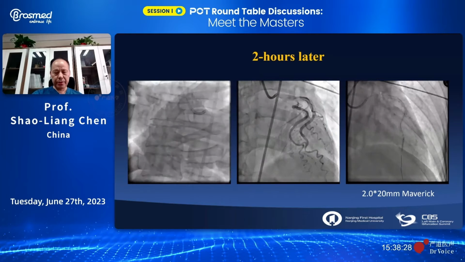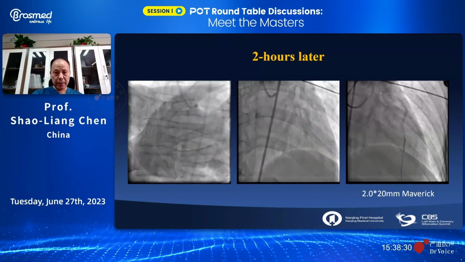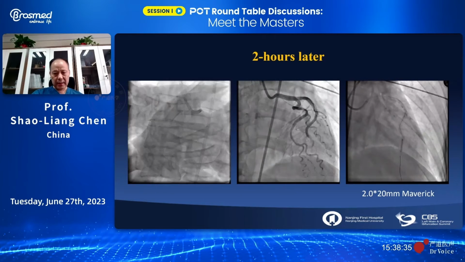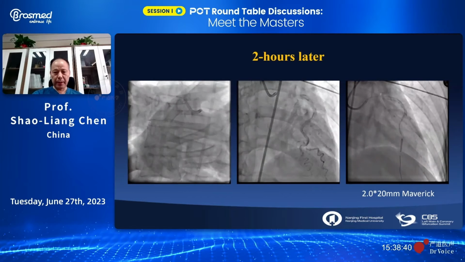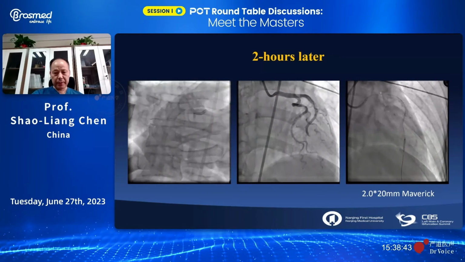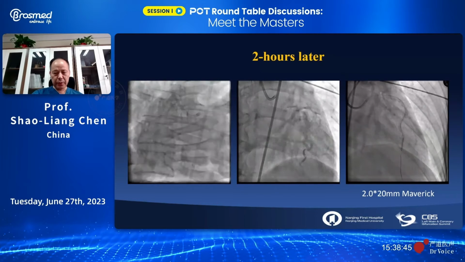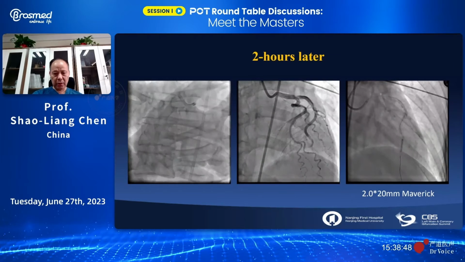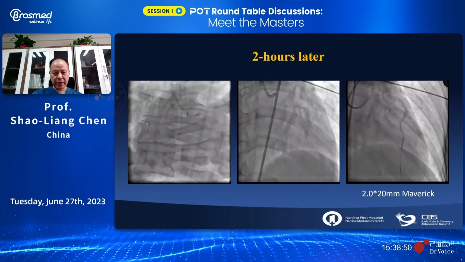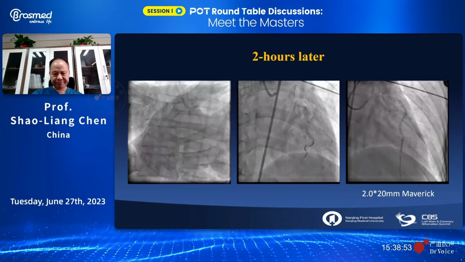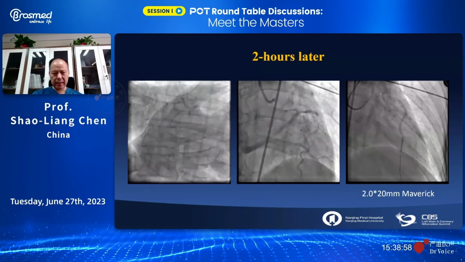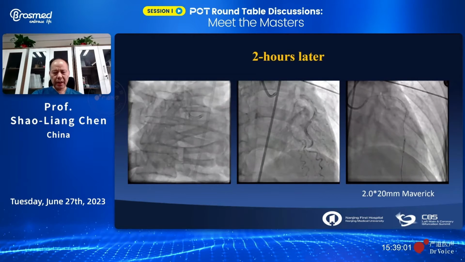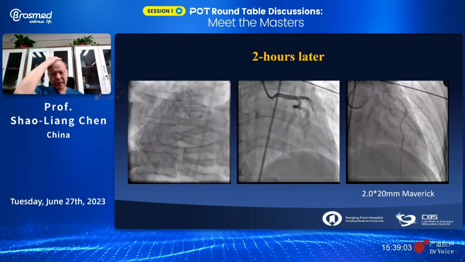The post-procedure angiography in the middle panel showed the blood flow in the LAD looks like TIMI 1 or TIMI 2. There was also a very severe spiral dissection starting from the portion proximal to the LAD stent to the very distal LAD. This is very strange, because even if there is only proximal dissection, the stent was in its position, so there would be no sign of distal dissection.